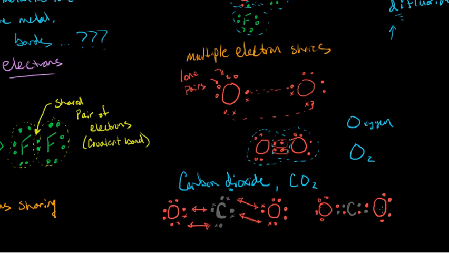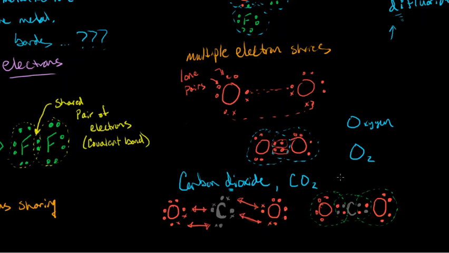Now, I'm color coding them on purpose because I want you guys to be able to keep track of them. That oxygen has 8, right? That oxygen has 8. How about this carbon? It's got 8.